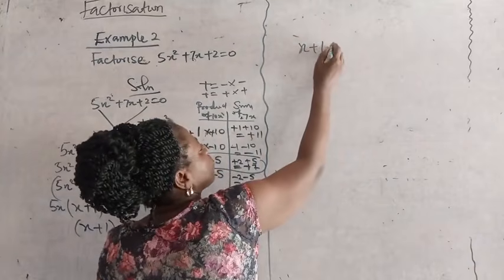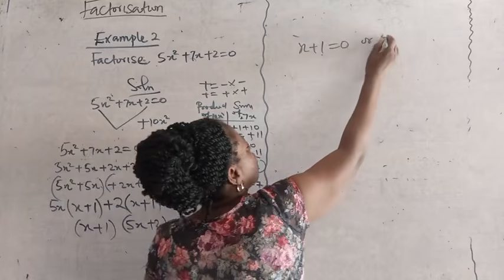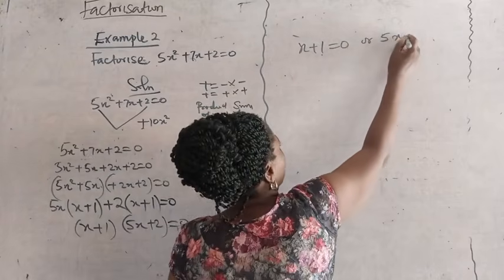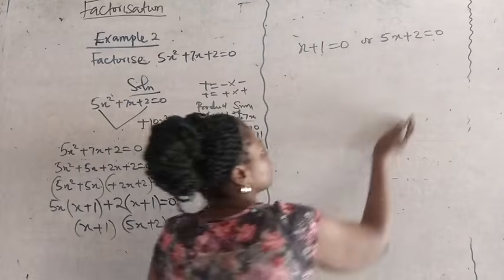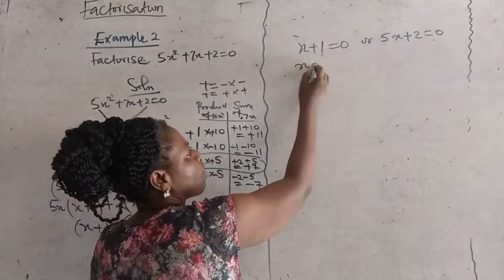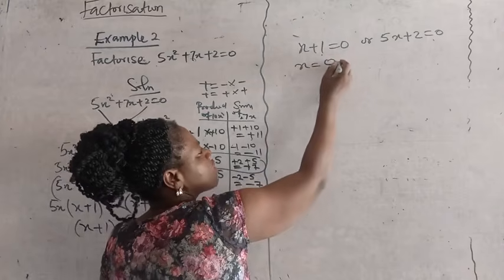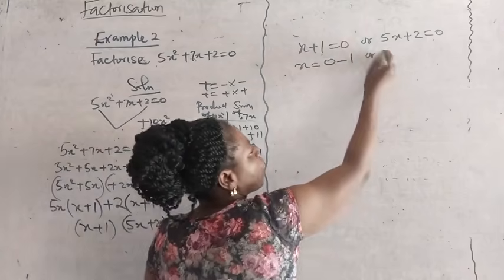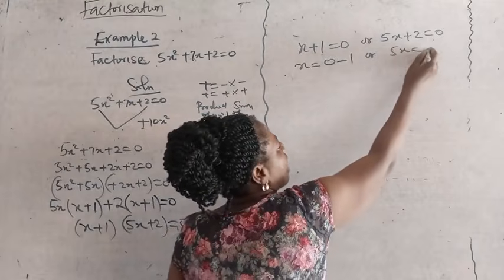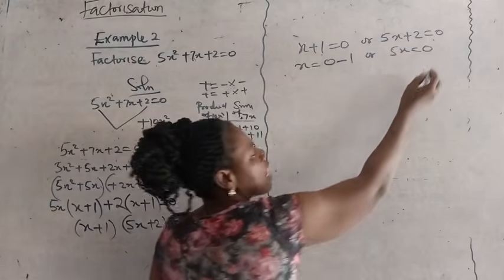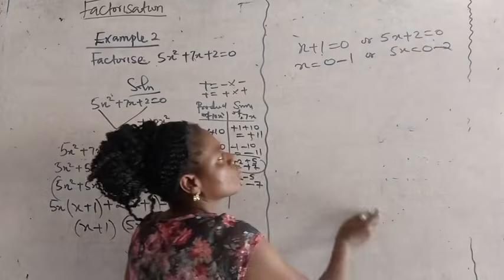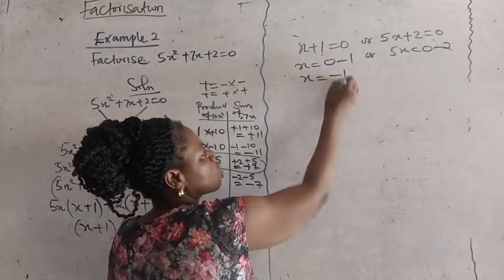x plus 1 is equal to 0, or 5x plus 2 equals 0. I will now say x is equal to what? 0 becomes minus 1, or 5x equals 0, the 2 goes to the other side, minus 2. And I have x equals minus 1.